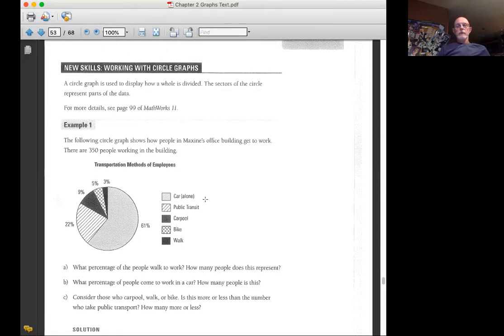What I would do is, in this space here, for example, write out all of the different percentages in decimal. So I would go 0.61. I'm going to continue just with how it's going to look, times 350.